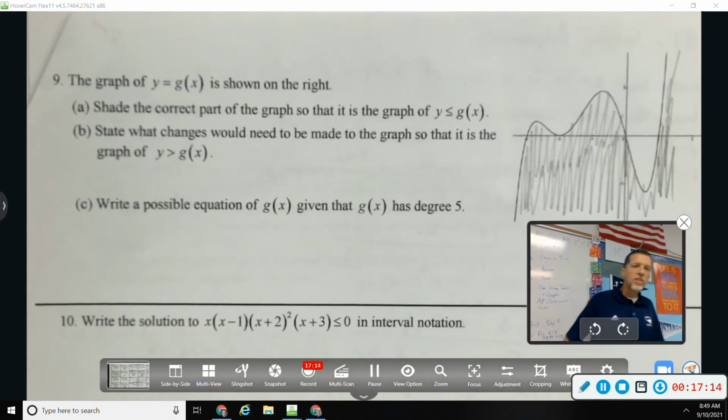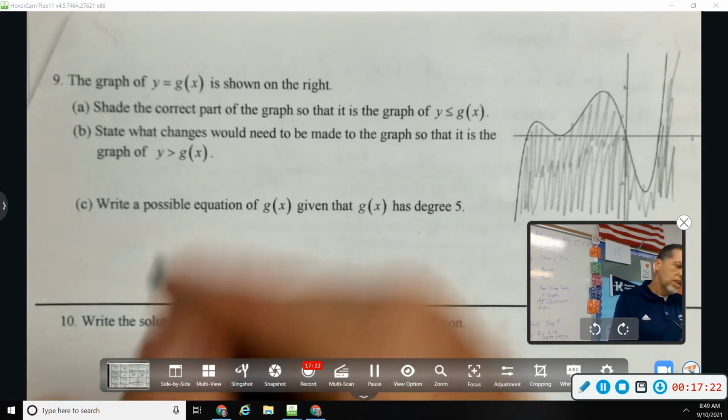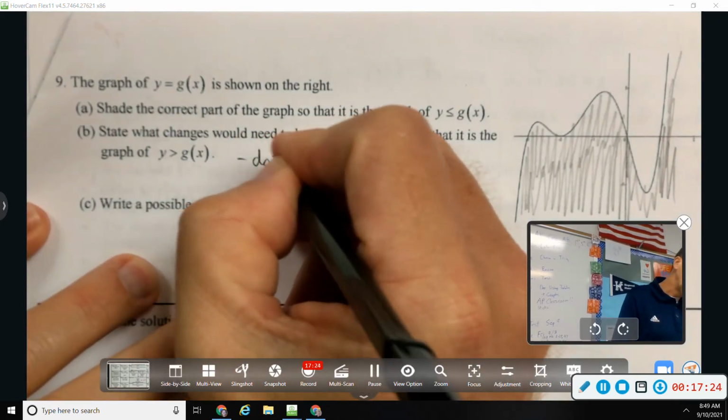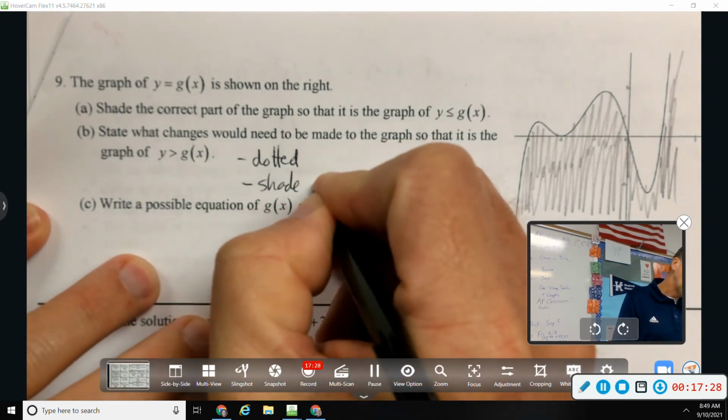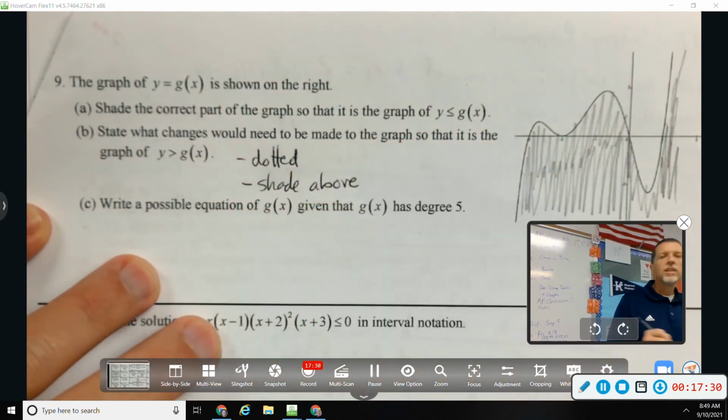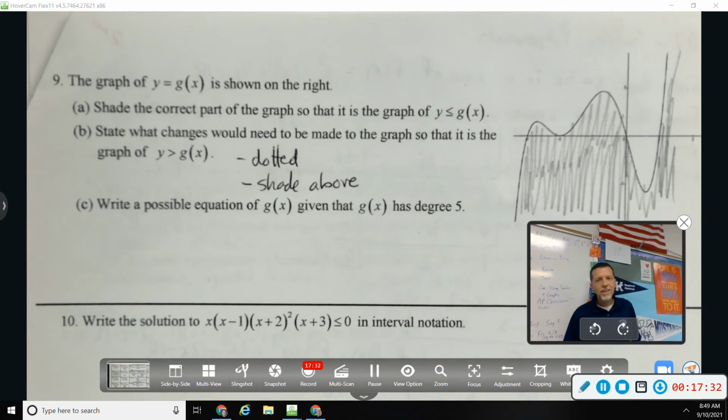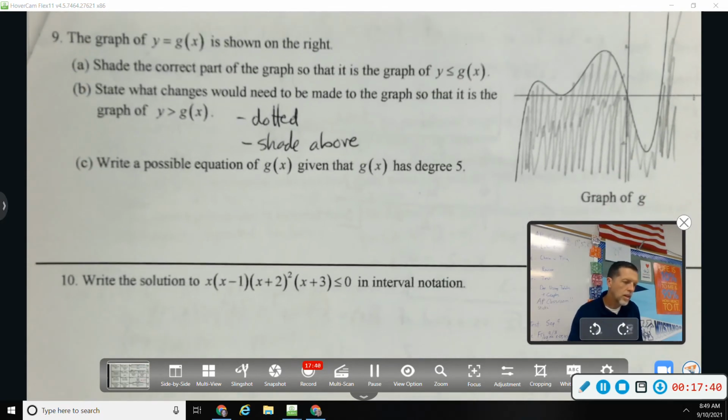State what changes would need to be made so that the graph is y is greater than g of x. So what changes? Yep, dotted because it's not equal to anymore, and we'd have to shade above. So I like this question number 9. It doesn't require a lot of work, but it requires some thinking. Oops, until we get to C.